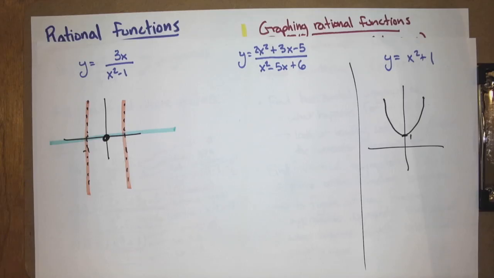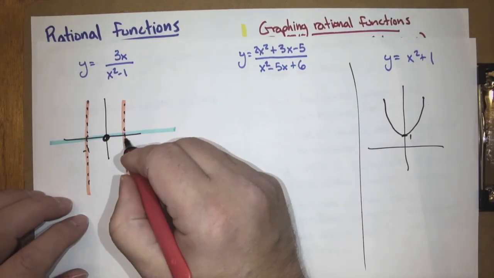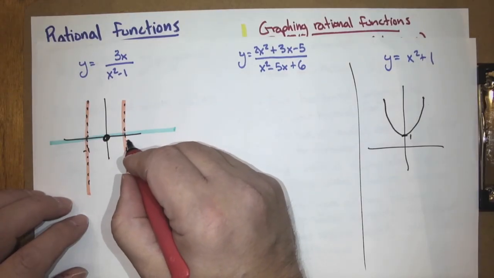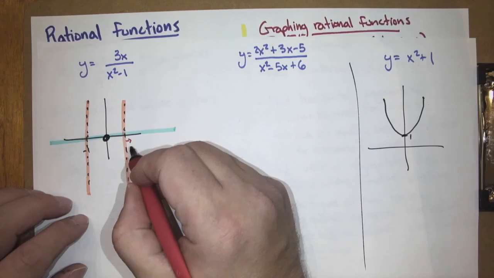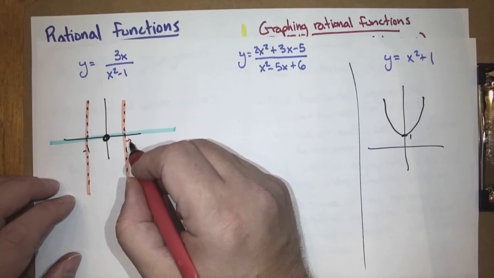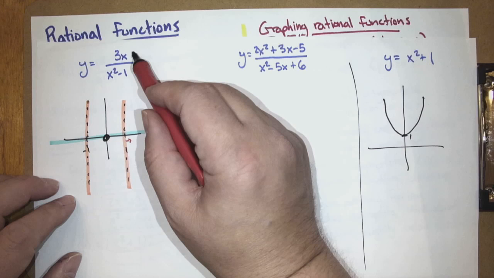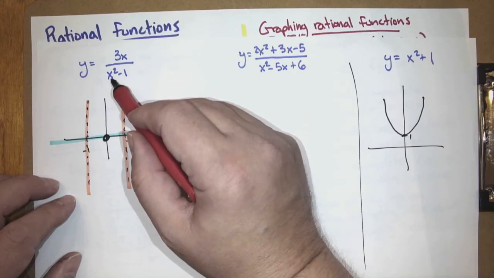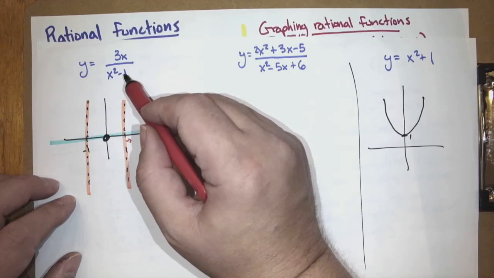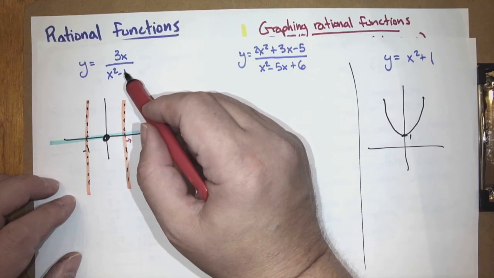Here's what I like to do. Imagine I'm a little bit to the right of 1. So I'm a number a little bit bigger than 1. Tell me about the signs. 3 times something a little bit bigger than 1, positive or negative? Positive. If I take something a little bit bigger than 1 and square it and then subtract 1, am I positive or negative? Positive.